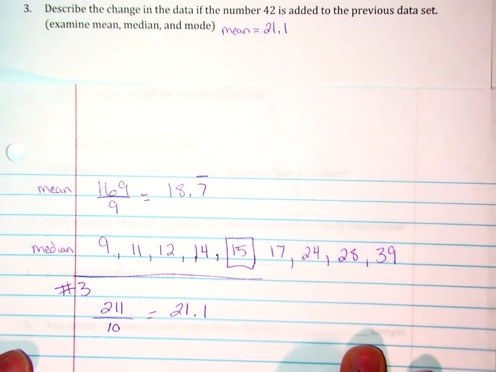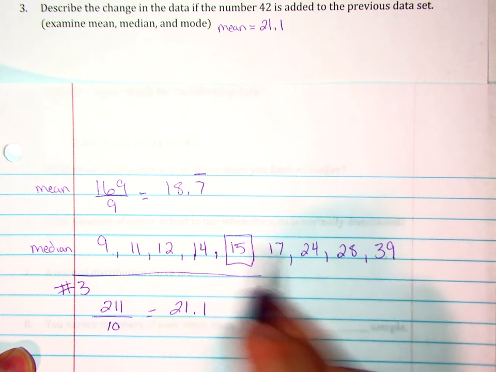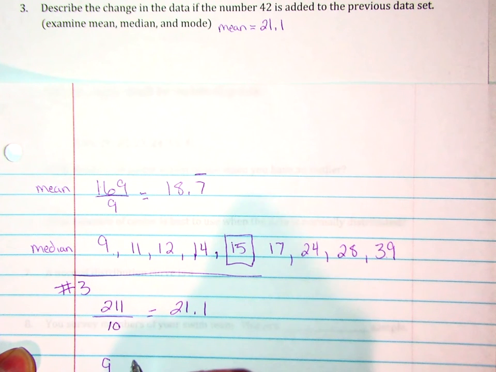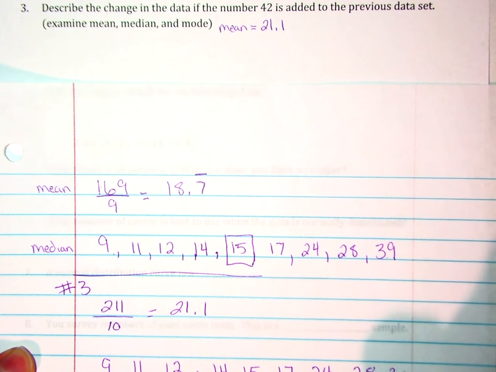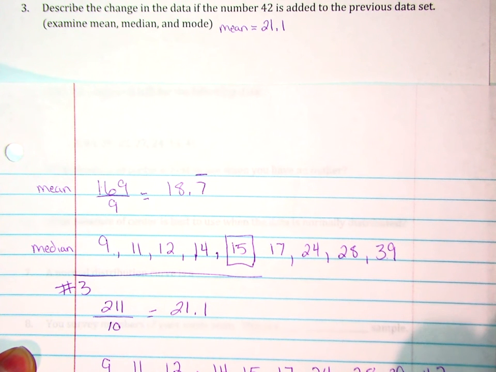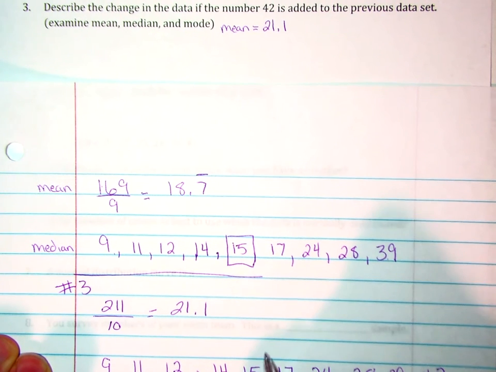Now the median. For the median, when I add my next term, I'm going to go ahead and rewrite these so that I'm not confusing anybody. So 9, 11, 12, 14, 15, 17, 24, 28, 39, 42. So I'm going to cross out until I get into the middle. And I end up with an exact middle that splits these two numbers, 15 and 17.